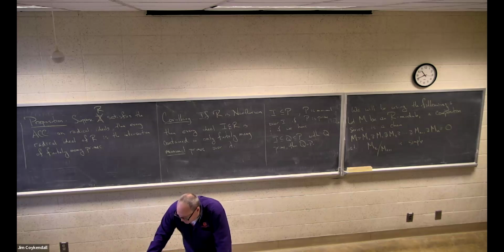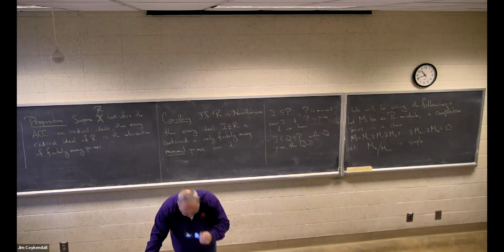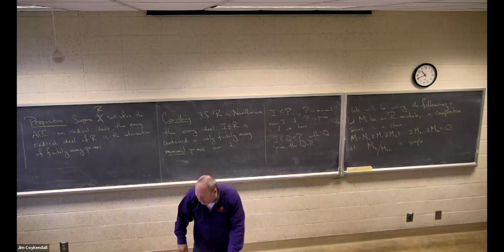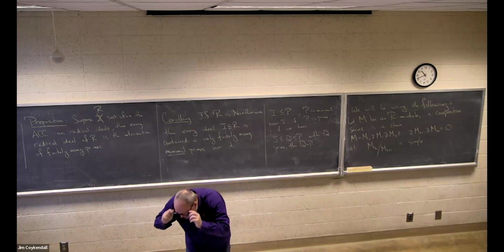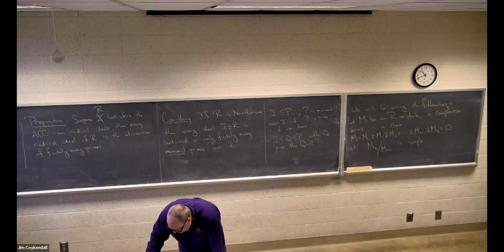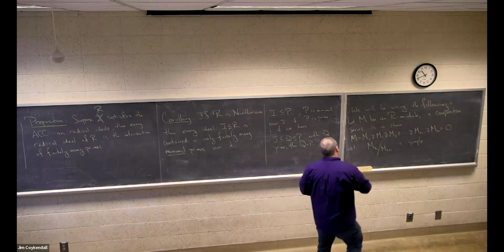And the fact we're going to use: if M has a composition series, then one can refine any series to a composition series, and any two refined series have the same length. Let me reword that.